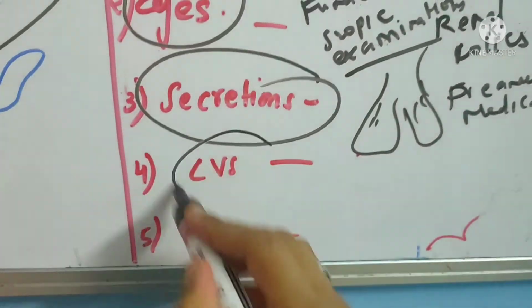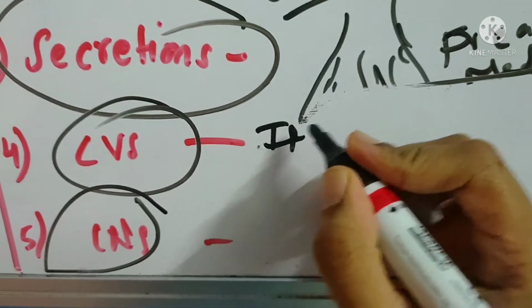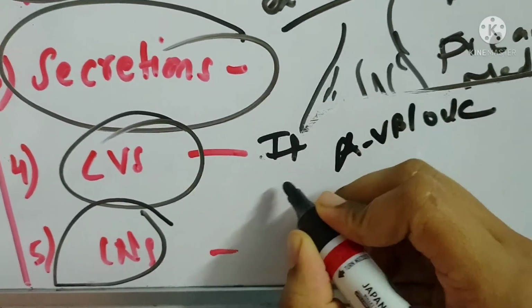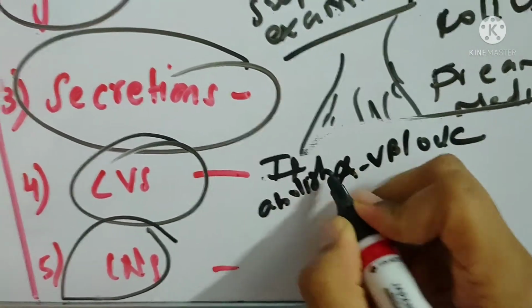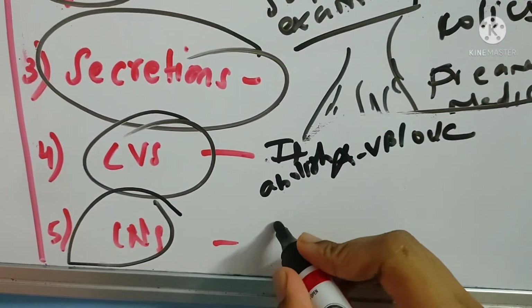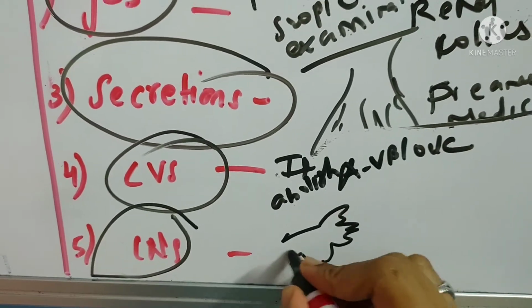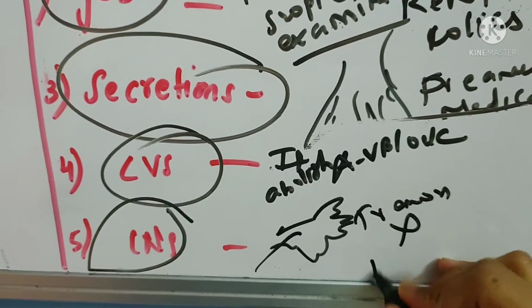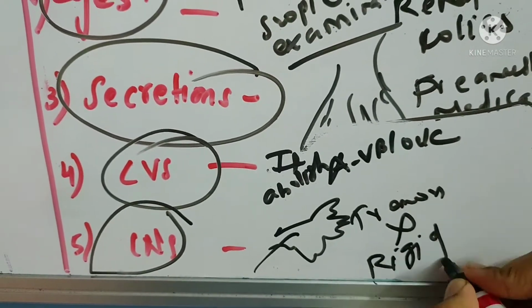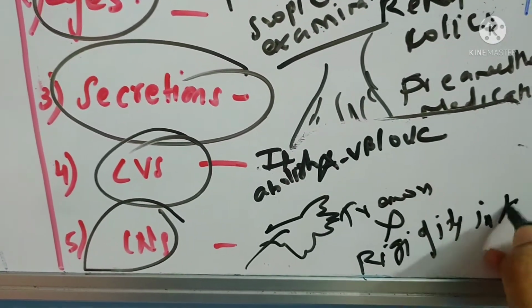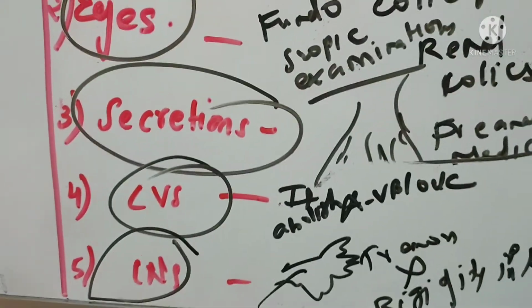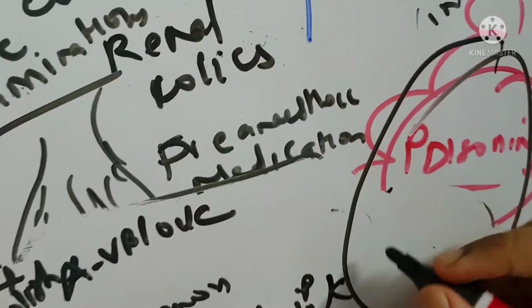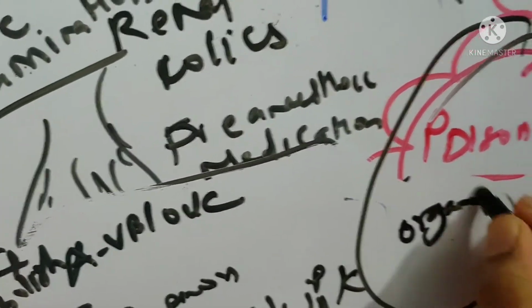And moving on to the CVS, it abolishes the AV block due to vagal activity. And CNS, you already know, it is useful in treating the tremors and rigidity in Parkinsonism. And another important one is poisoning. That is, you know about organophosphorus.